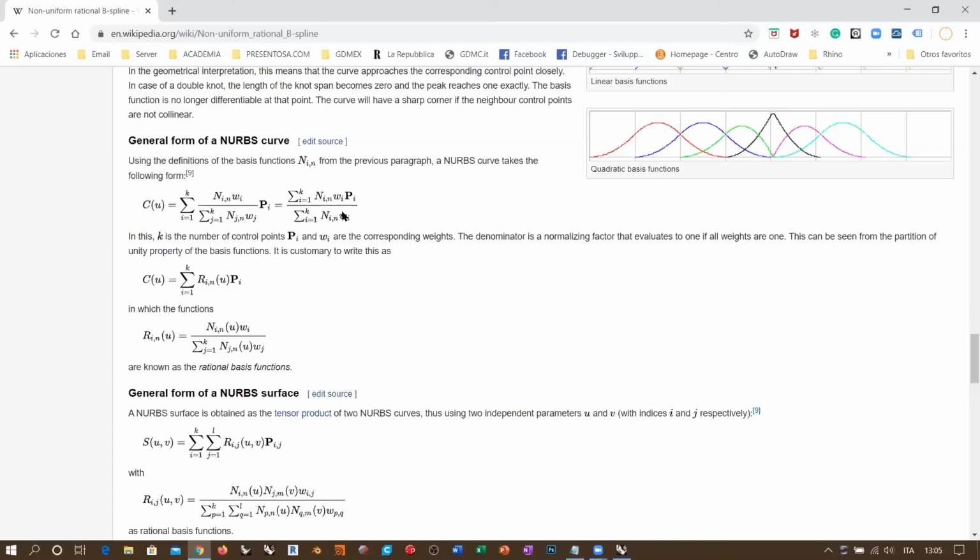So when you don't change the weights of the control points in Rhino, Rhino assumes that you are working with an equal value for the control point weights, right? So it means that w_i and w_j are basically the same value. So they don't affect the equation, right?